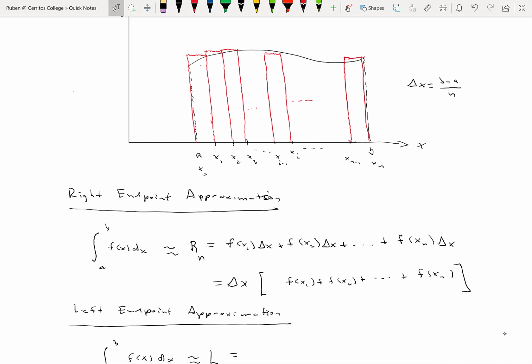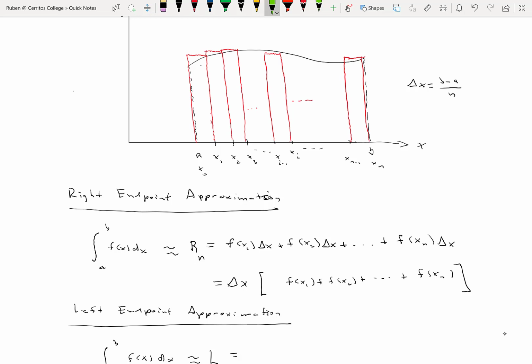Okay, so maybe to make it really stand out conceptually, I'll do this in green in the same drawing. So now imagine going back to our drawing that's filled up with a bunch of right endpoint approximating rectangles. Then now we do the same thing with left endpoints. In the first subinterval, the left endpoint is x sub 0, or a.